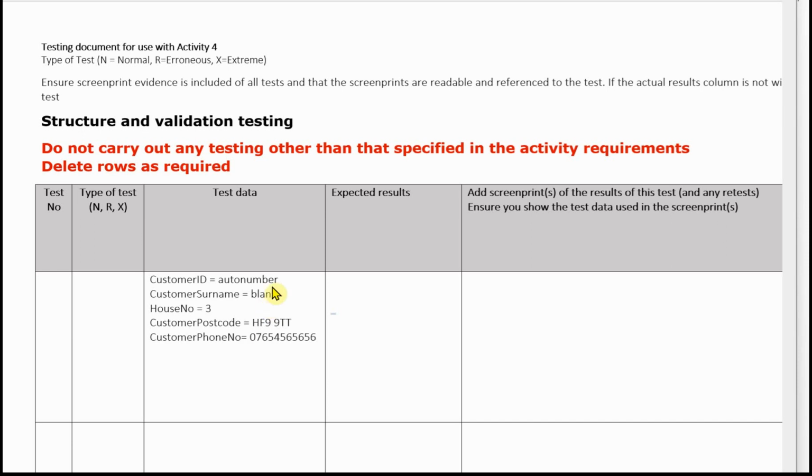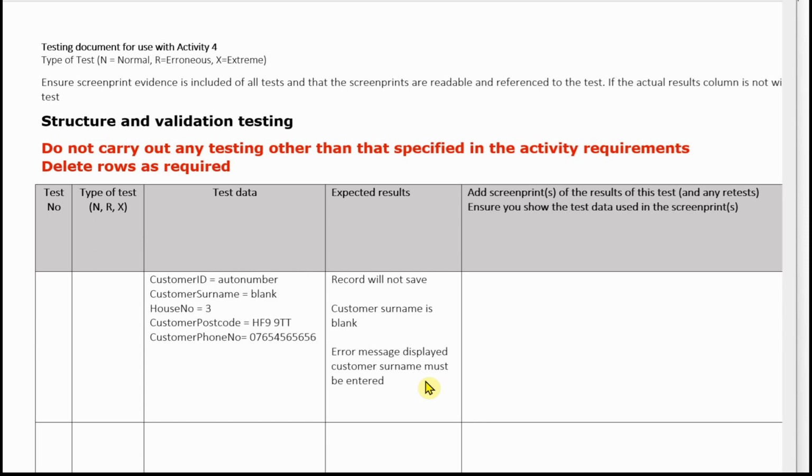For the customer ID, because it's auto number, it's quite acceptable to put auto number. And then the house number, the postcode, and the customer phone number. We then write in the expected results column what we expect the computer to do with that data. In this case, the record will not save. The customer surname is blank, and an error message will be displayed saying the customer surname must be entered.